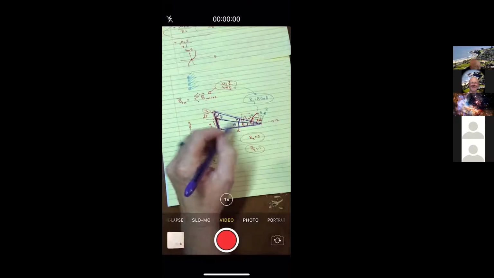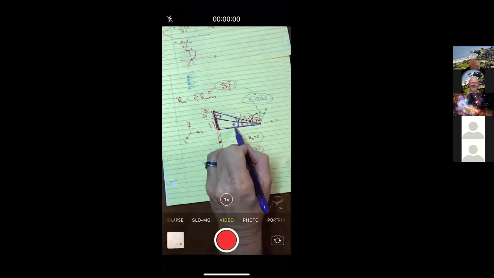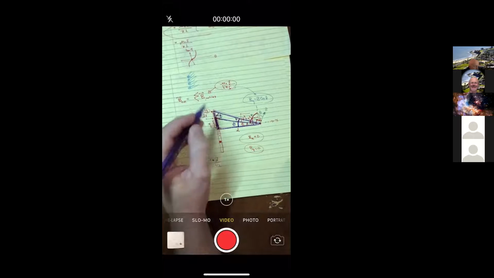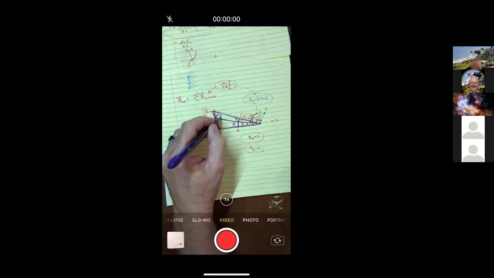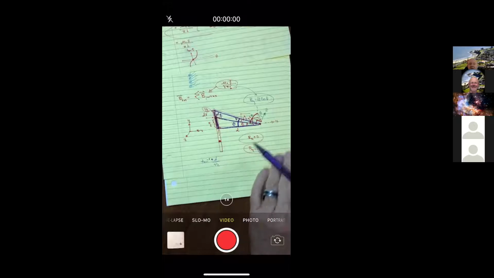So those are the 2 angles in a triangle. Theta is this one, where the adjacent is D and the opposite is L over 2, and the other angle phi is this one, because the adjacent is L over 2 and the opposite is D.